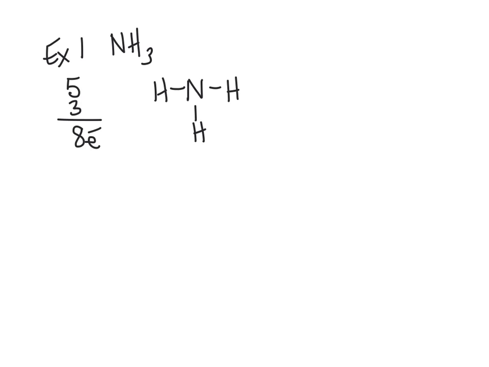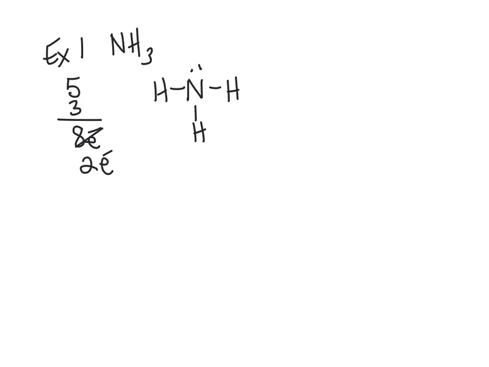We've used 6 electrons, so we have 2 electrons to place. The hydrogens are satisfied. They have their 2 in this hydrogen-nitrogen bond. So 2 electrons go on the central atom to complete nitrogen's octet.